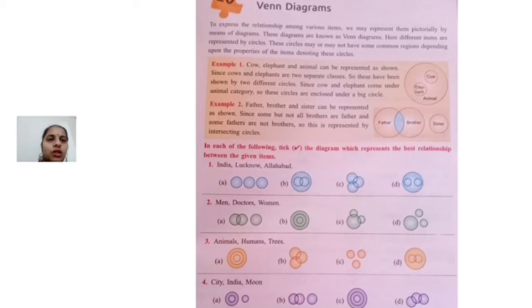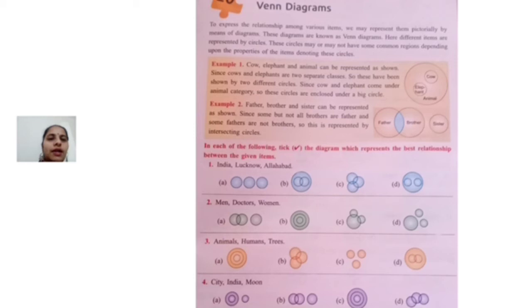We are going to learn some questions. In each of the following, tick the diagram which represents the best relationship between the given items. See here students, we have three items: India, Lucknow and Allahabad. We know that Lucknow is one city of India and Allahabad is also one city of India.